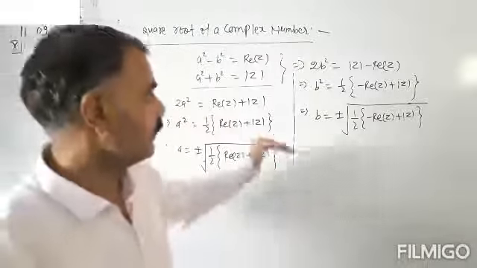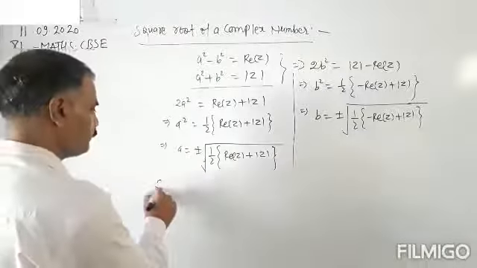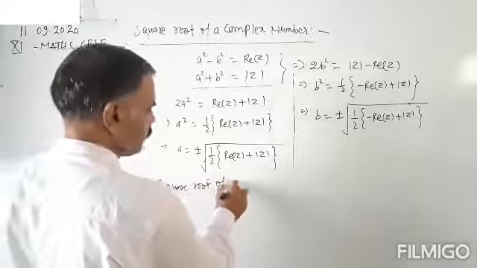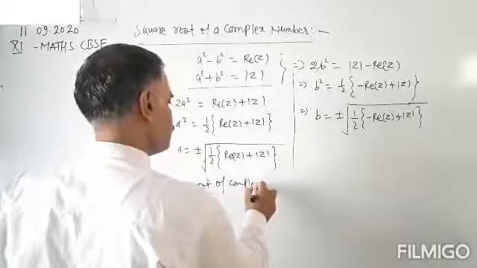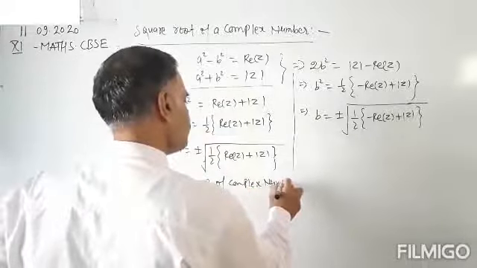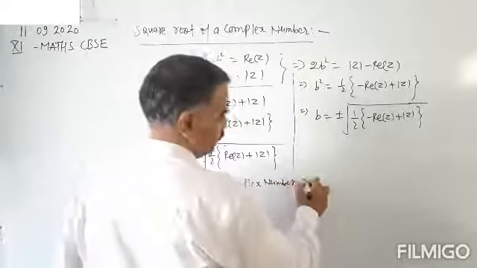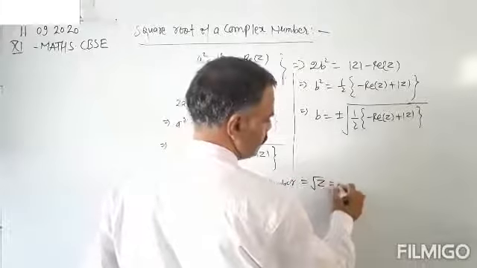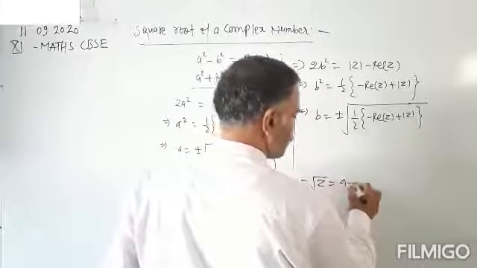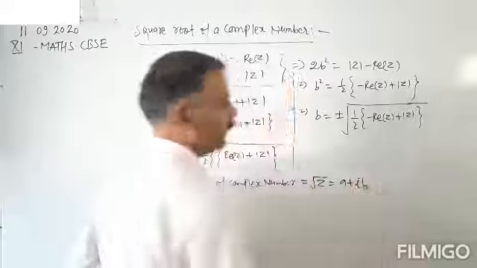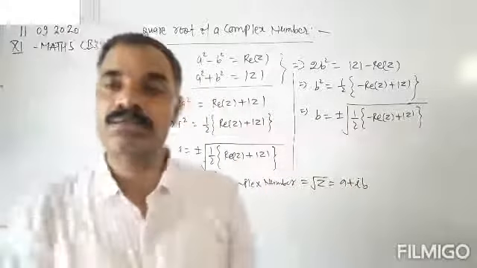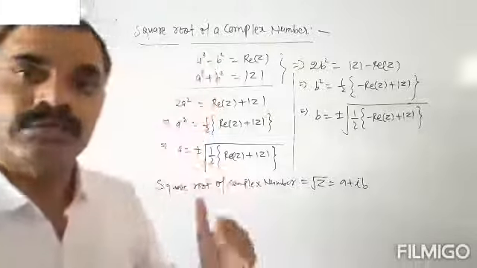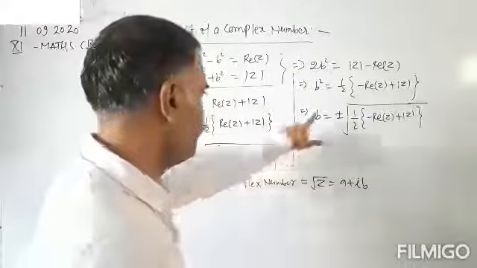Now the square root of a complex number z, that is under root z, equals a plus iota b, in equation first. So a is this and b is this.